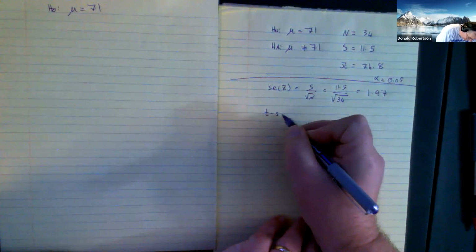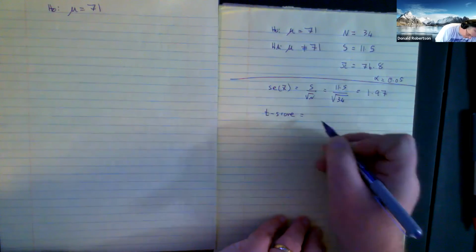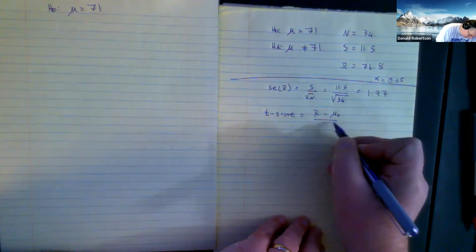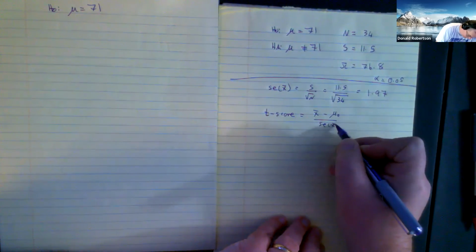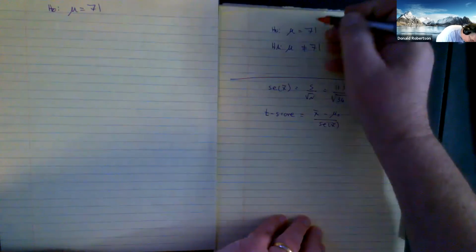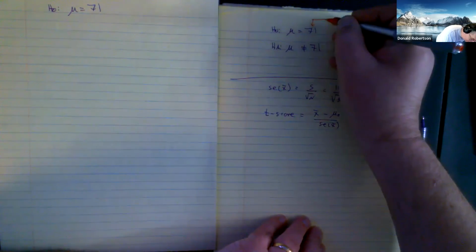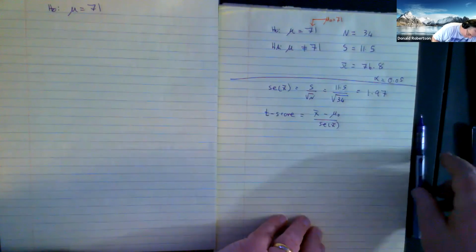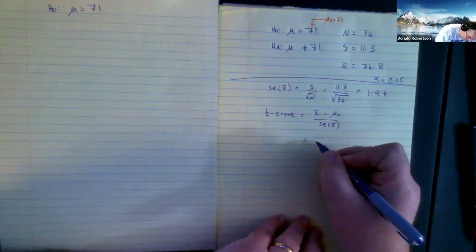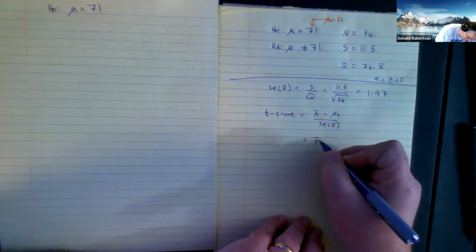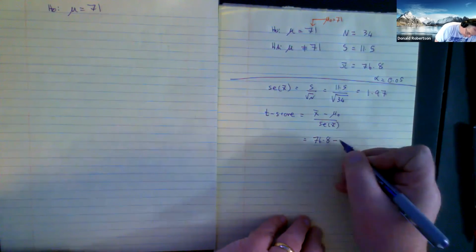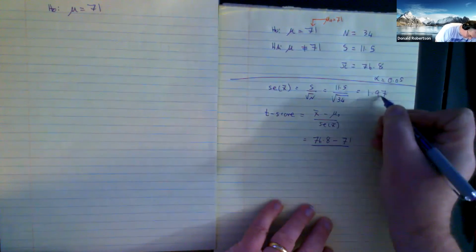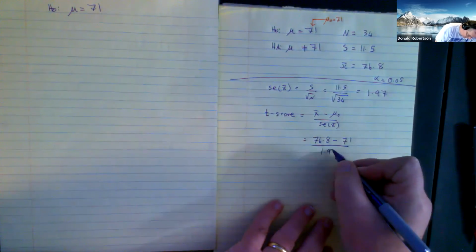Our t-score, what they call the test statistic, is given by that formula. That number there is mu naught. So it's going to be 76.8 take away 71 divided by 1.97.